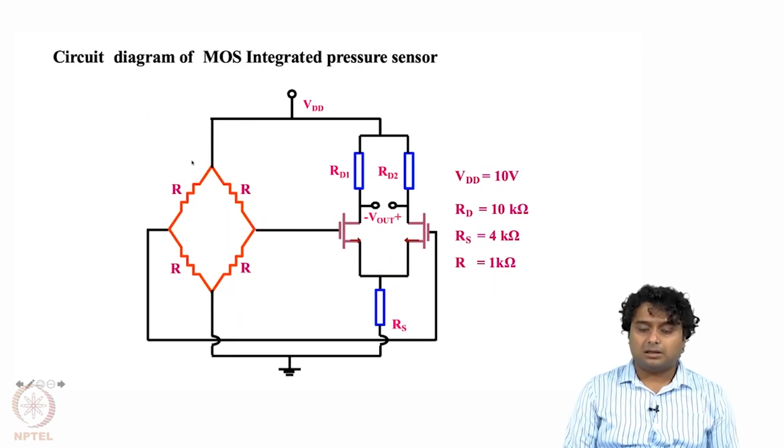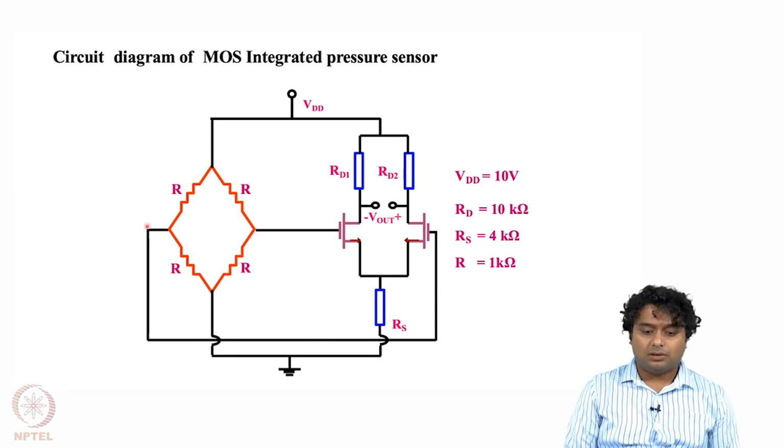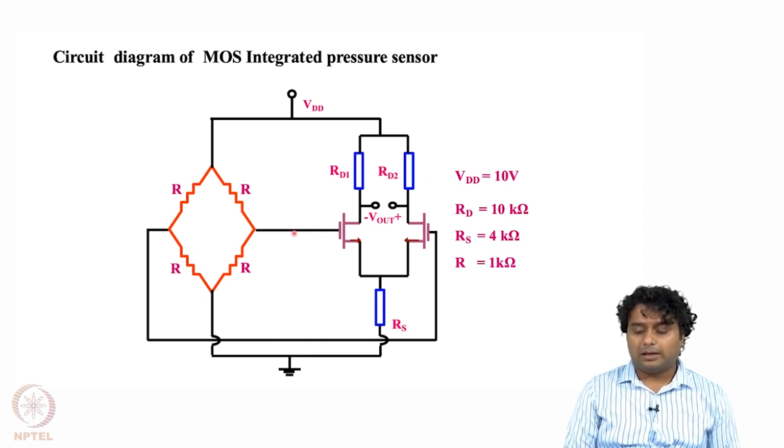This is the circuit diagram of the MOS integrated pressure sensor. So this is the Wheatstone bridge. We know this is the voltage output we are getting, and we don't need much electronics to measure that, but still we can use a simple differential amplifier to amplify the voltage output.